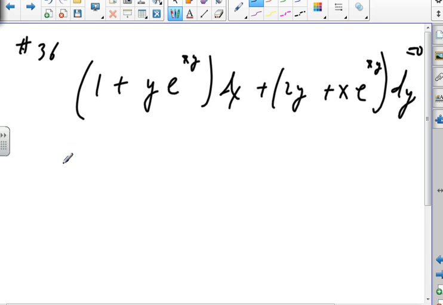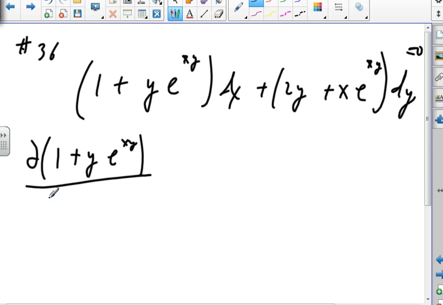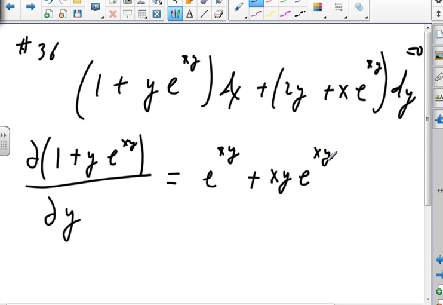Okay, so I'm going to check the partials. I'm going to check the partial of 1 plus y e to the xy with respect to y. E goes away. I have e to the xy plus xy e to the xy.